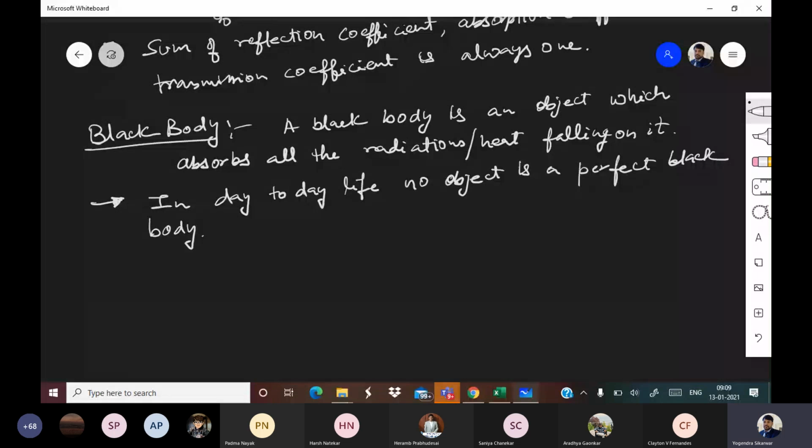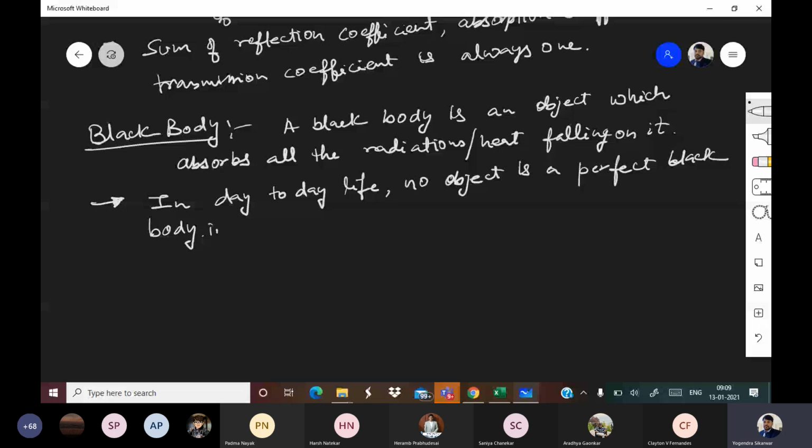In day-to-day life, or you can say common life, no object is a perfect black body. Now, what is the meaning of this statement? This statement means that no object can 100% absorb the radiations falling on it.